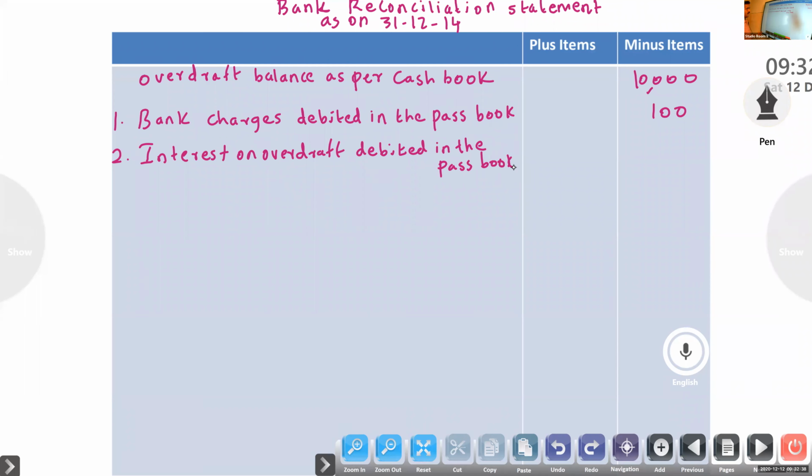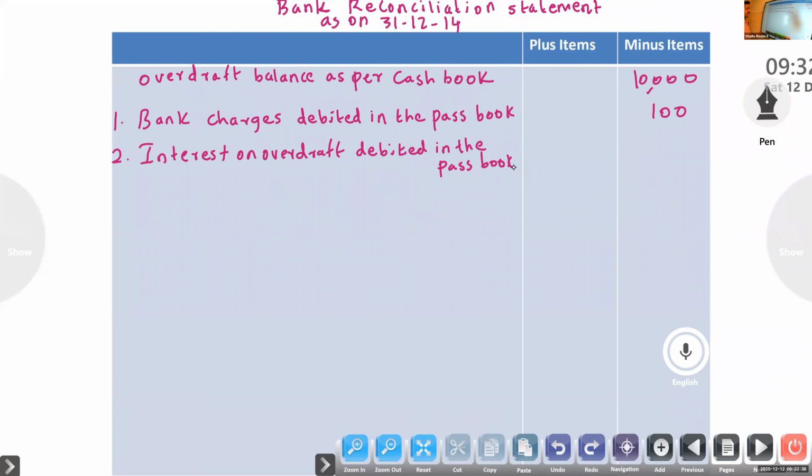Next, third one, checks issued but not presented for payment, also called not in cash.